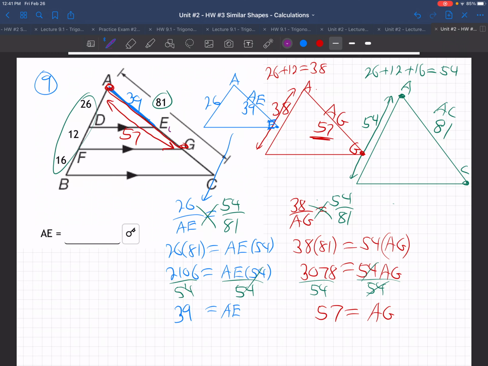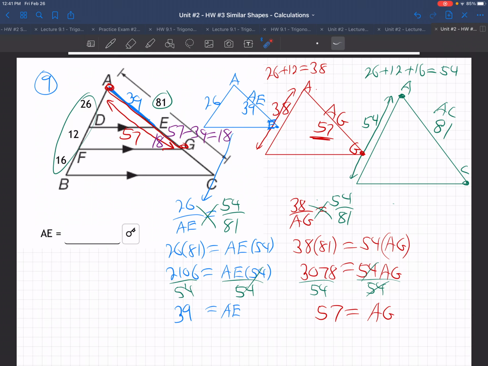This part right here is 57 minus 39, isn't it? Which is 18. This part right here must be 18. Because 57 is all the way down here and 39 is just to there. So 57 minus 39, this chunk here must be 18.